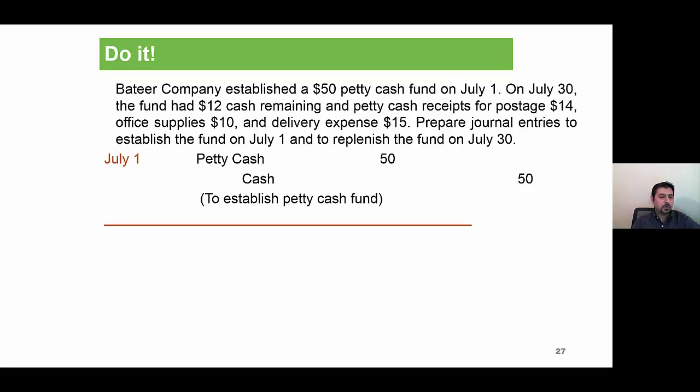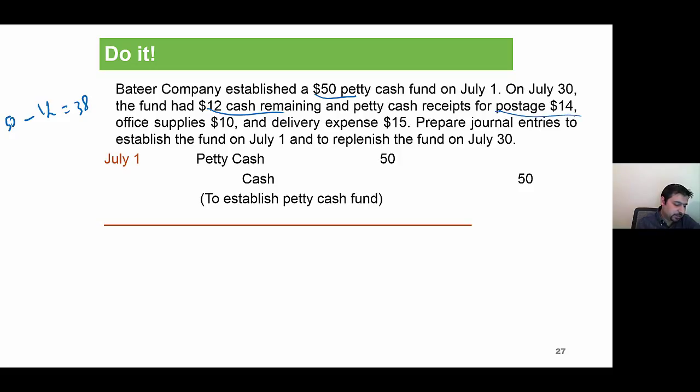Next, in order to replenish the petty cash fund, the custodian will need to request the original amount 50 minus whatever is remaining on hand. So that would be $38, and this is the amount that will be later on credited to cash.